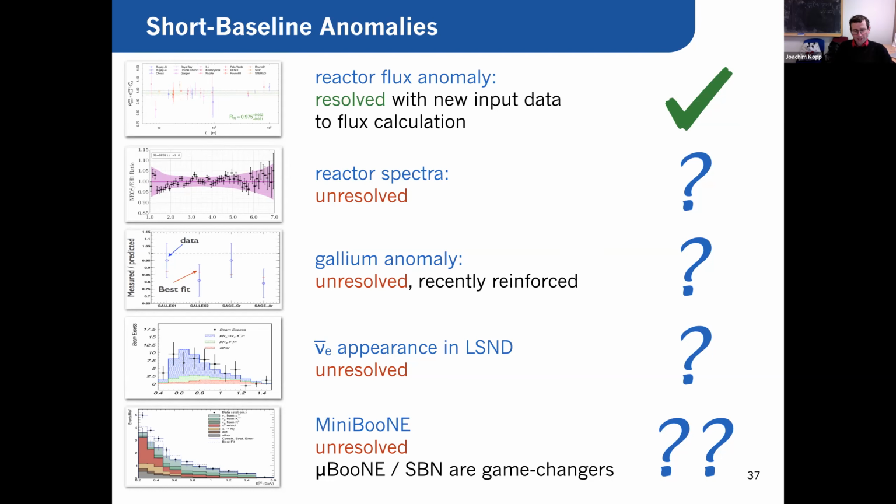For a long time, people have speculated that pion decays in flight could explain LSND. LSND really only works because they have this stopped pion source, and stopped pions are all of the same sign, so they do not make electron antineutrinos.